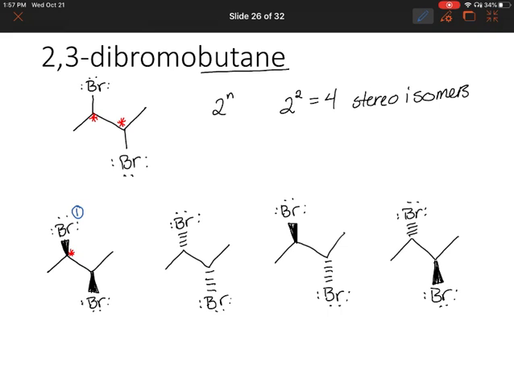Bromine. And then we have a competition between two carbons. So which one would have greater priority, the carbon on the left or the carbon on the right? So the carbon on the right is bonded to heavier atoms, such as bromine, so that will have greater priority.